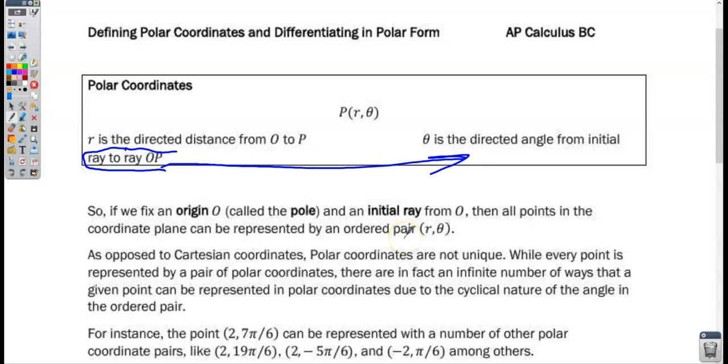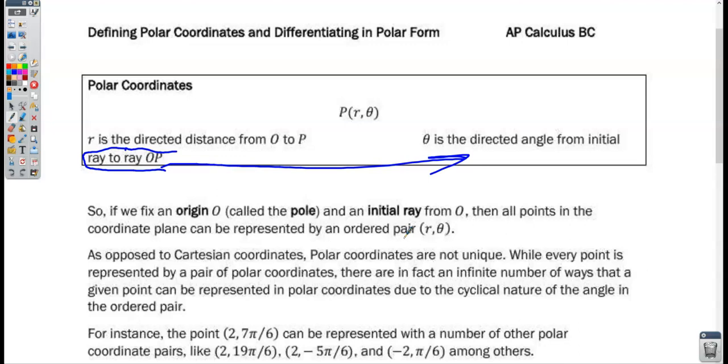Something important for you to know about polar coordinates: unlike Cartesian coordinates, polar coordinates are not unique. If I give you the Cartesian coordinates 5, 3, that's the only pair of coordinates that I can use to represent that Cartesian point.